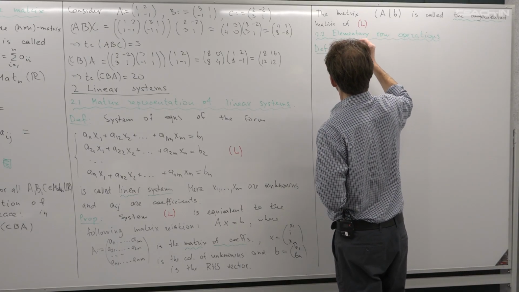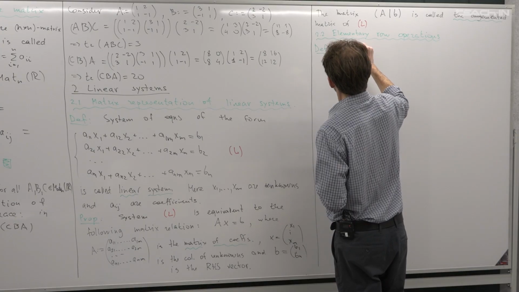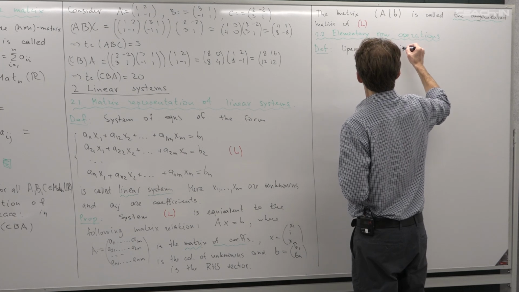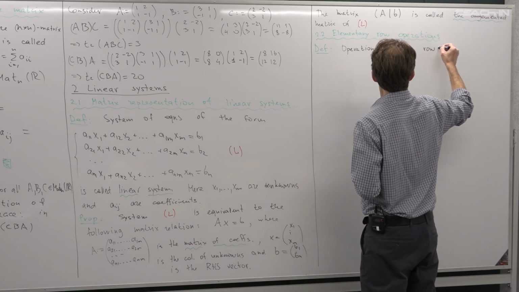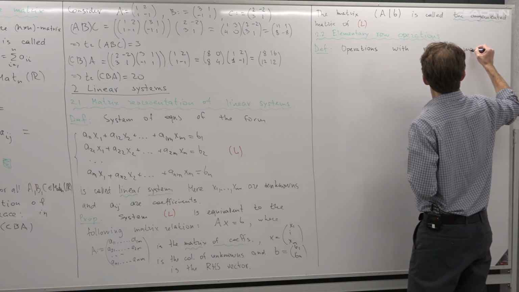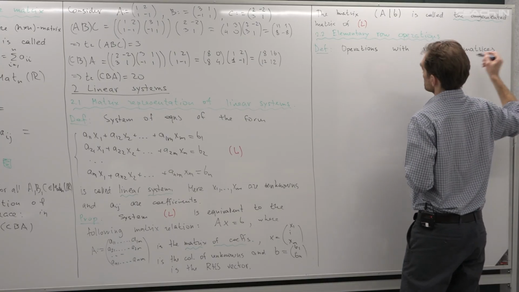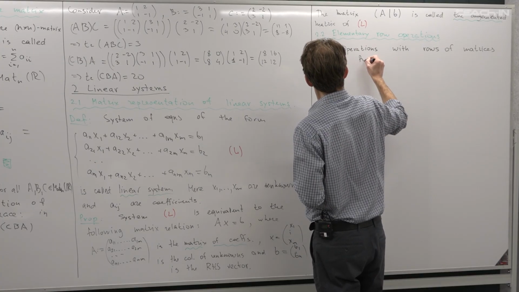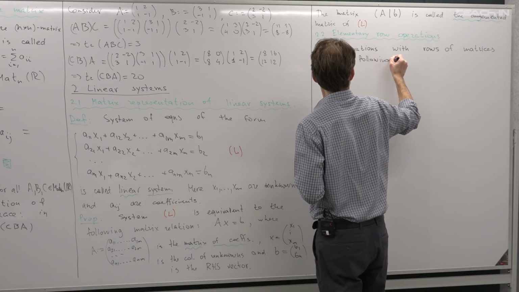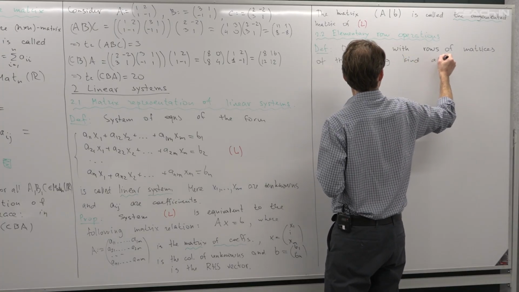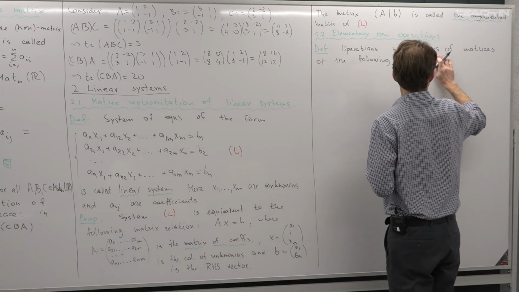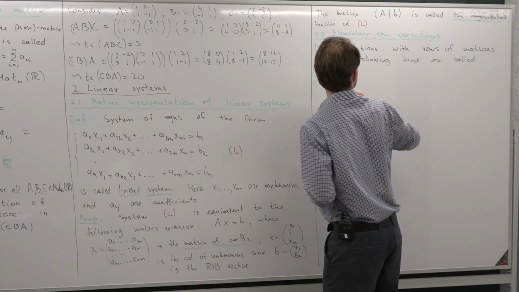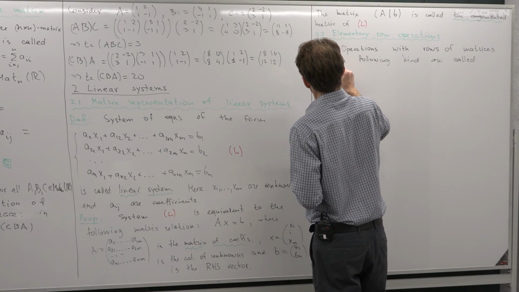Operations with rows of matrices of the following kind are called elementary row operations.